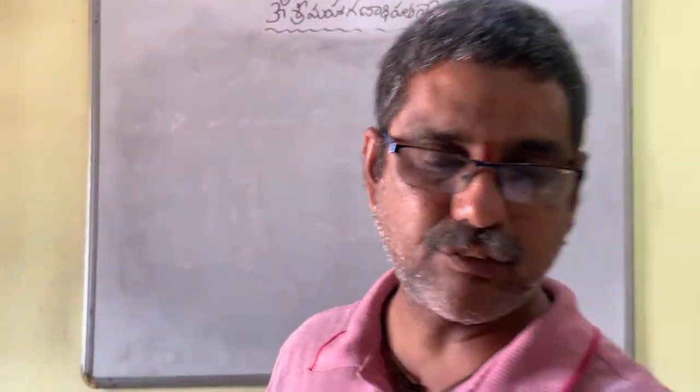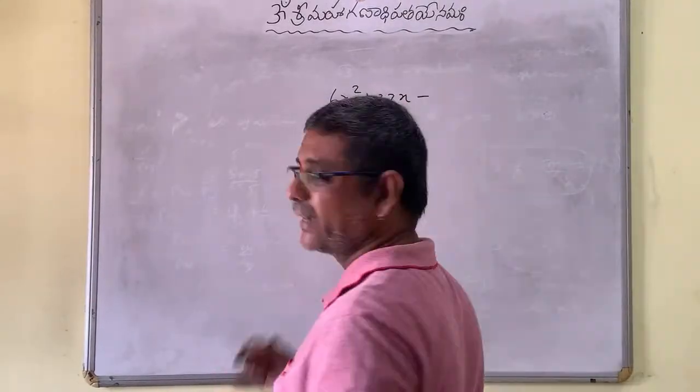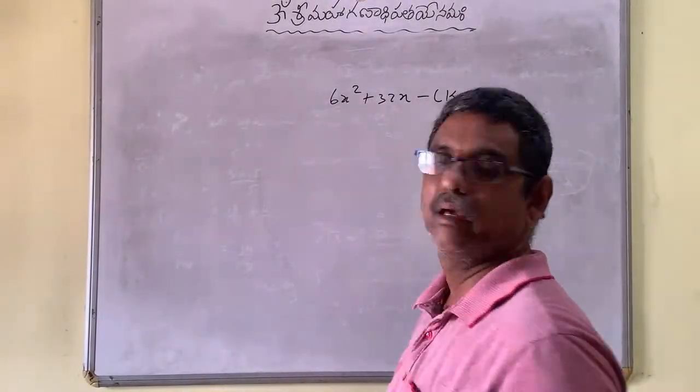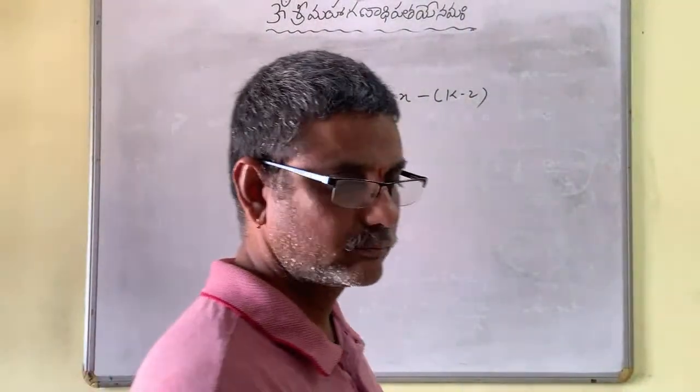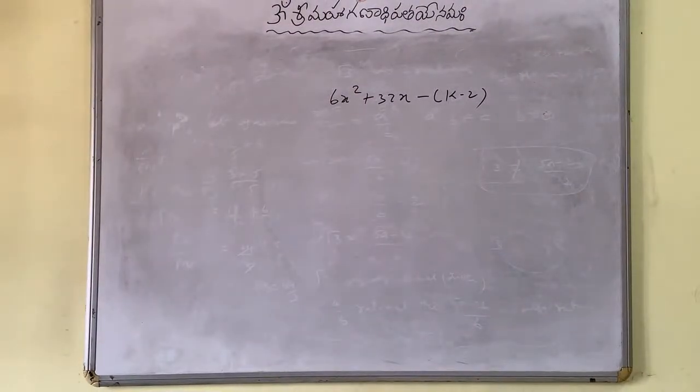Question number 22. One zero of the polynomial 6x square plus 37x minus k minus 2 is the reciprocal of the other. Find the value of k. One zero of the given polynomial is the reciprocal of the other.